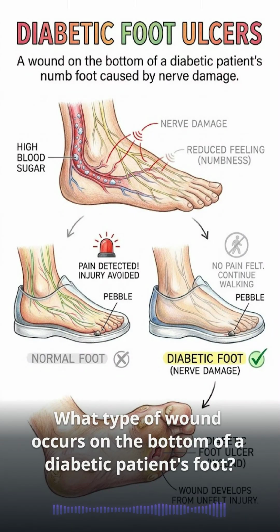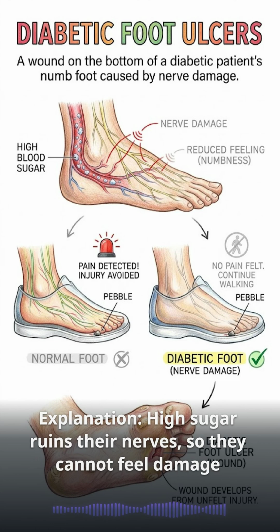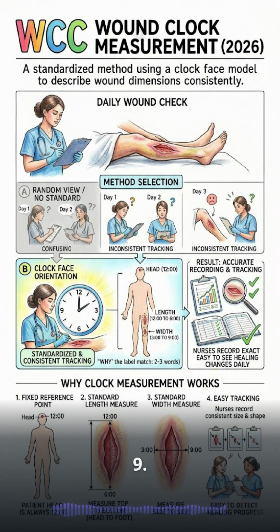What type of wound occurs on the bottom of a diabetic patient's foot? A diabetic foot ulcer usually happens on the bottom of their numb feet. High sugar ruins their nerves, so they cannot feel damage happening down there.